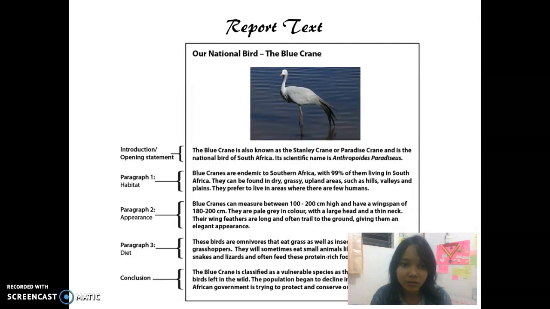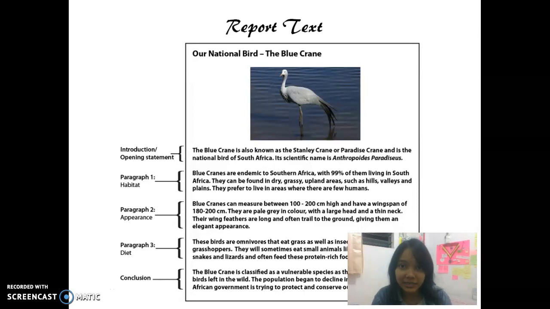For the next paragraphs, you see it talks about the habitat, appearance, and diet. These are the details of the blue crane itself, and it ends with a conclusion about the blue crane. As I said before, report text consists of two things: the general information and the specific, detailed information.